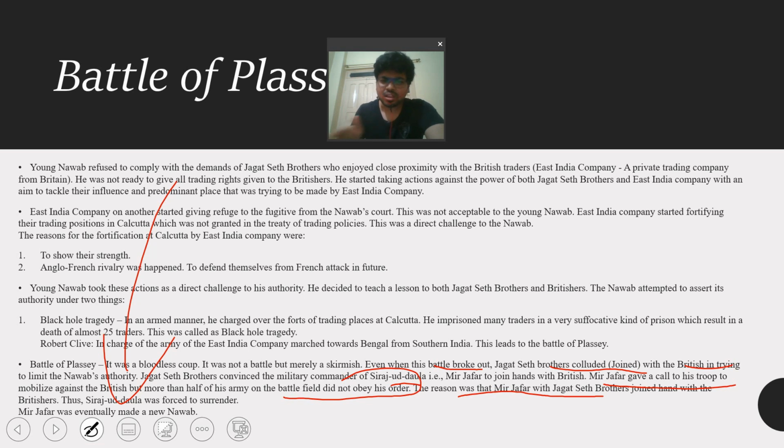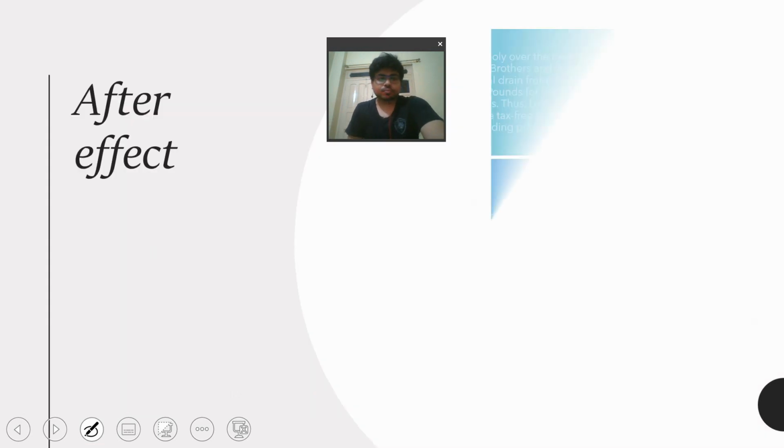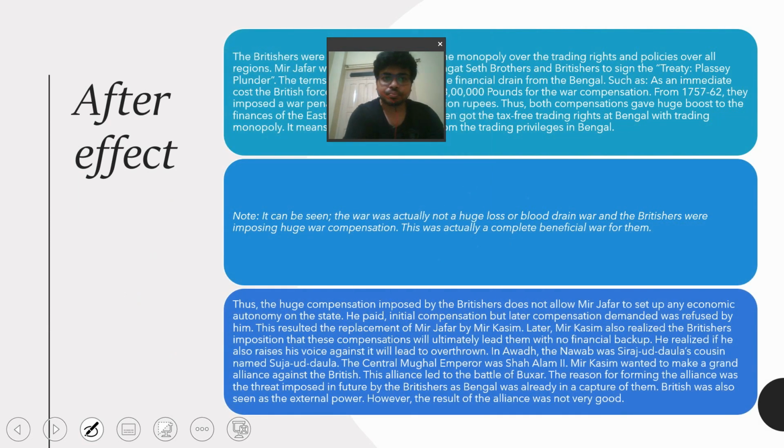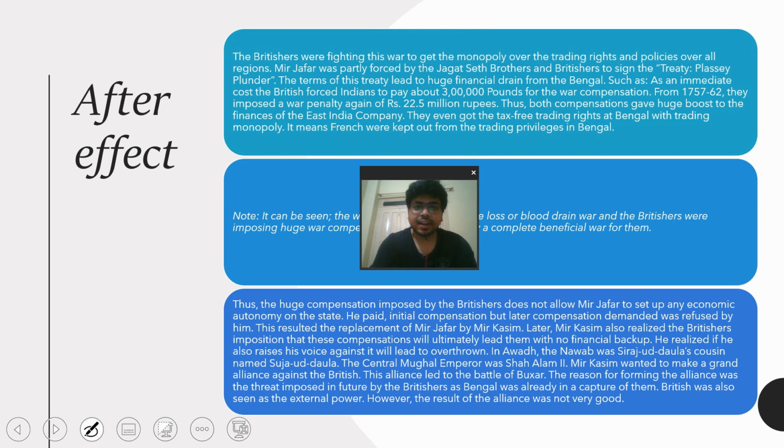And now you will see how we move to the Battle of Buxar. So, as an after effect, the British were fighting this war. Why were the British fighting this war? What was the reason behind it? The only aim of living in India and using all those tactics was to trade.